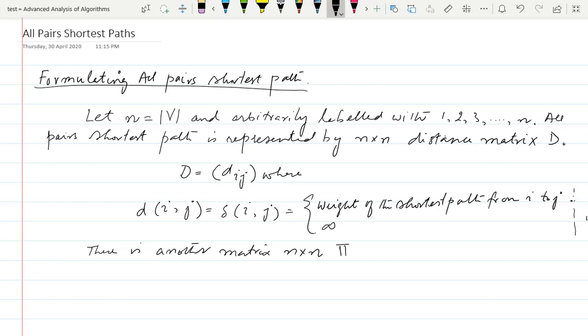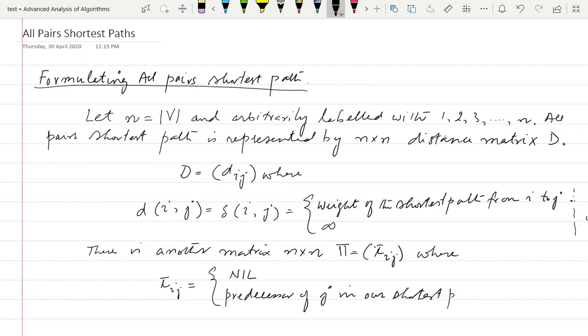Let's define it with the capital Pi, which has pi ij entries, where pi ij is equal to either nil or the predecessor of j in our shortest path from i to j.